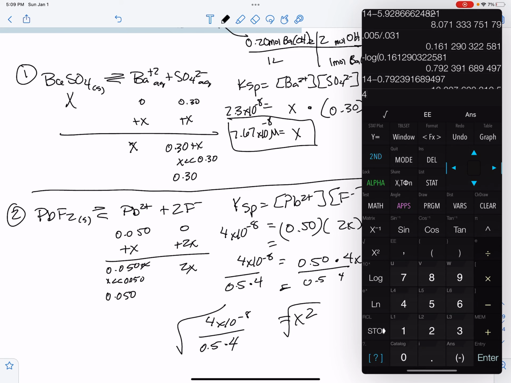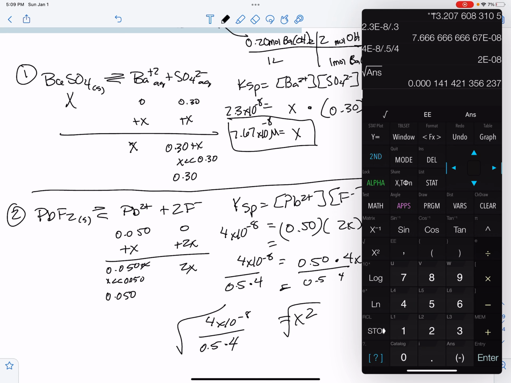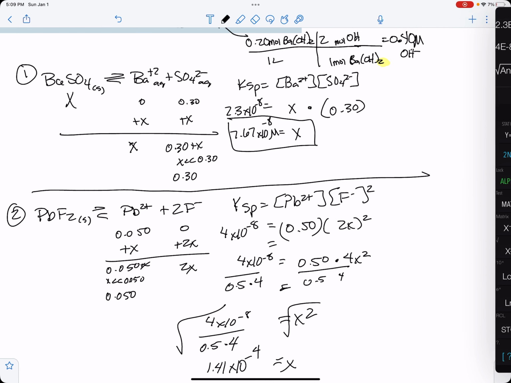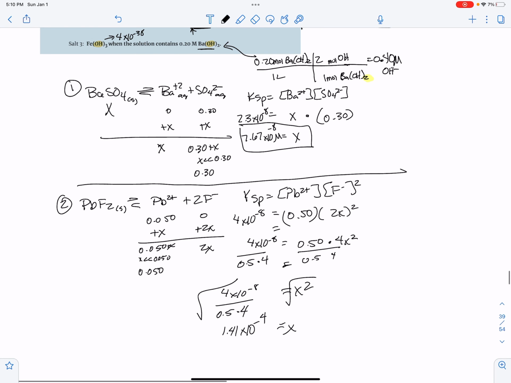So 4e to the minus 8th divided by 0.05 divided by 4. And then the square root of the answer gives me 1.41 times 10 to the minus 4. And then I'm going to do the last one.